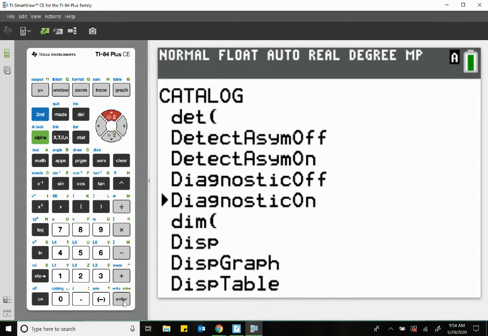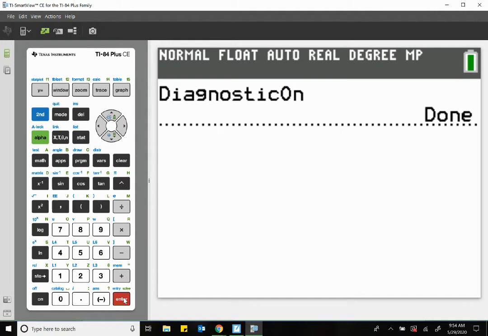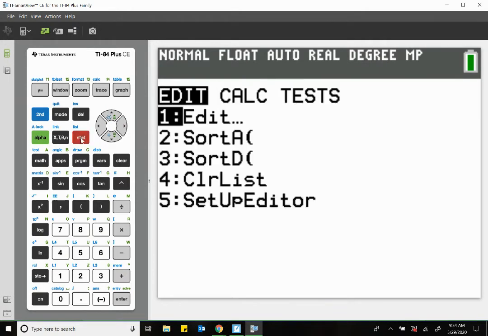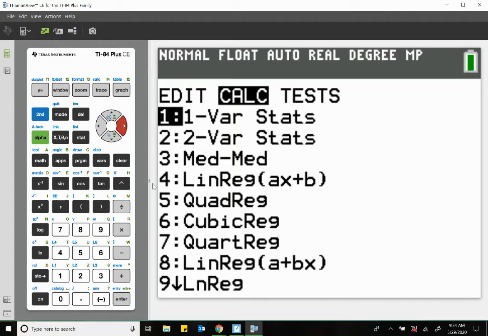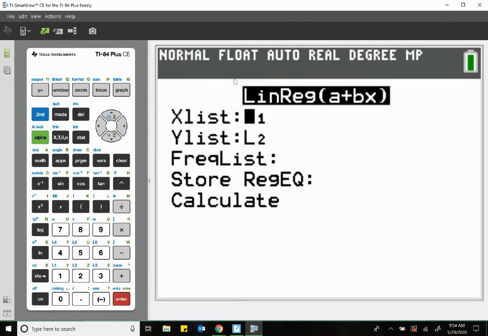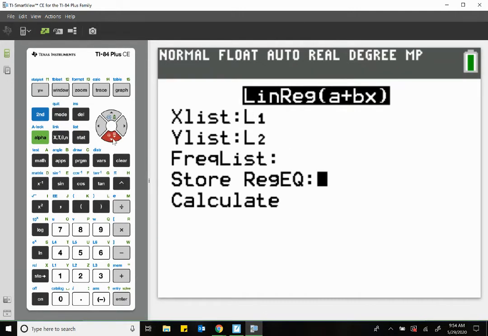So scroll up to it, hit enter, enter. So it's on. And now when you go to stat, calculate, go down to number 8 because this is the one that we want. Hit enter, and it's all good. Either scroll down to calculate and hit enter, or hit enter 5 times.